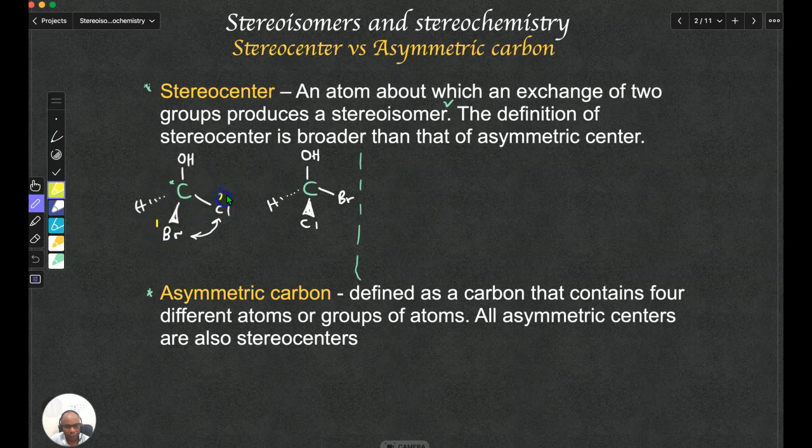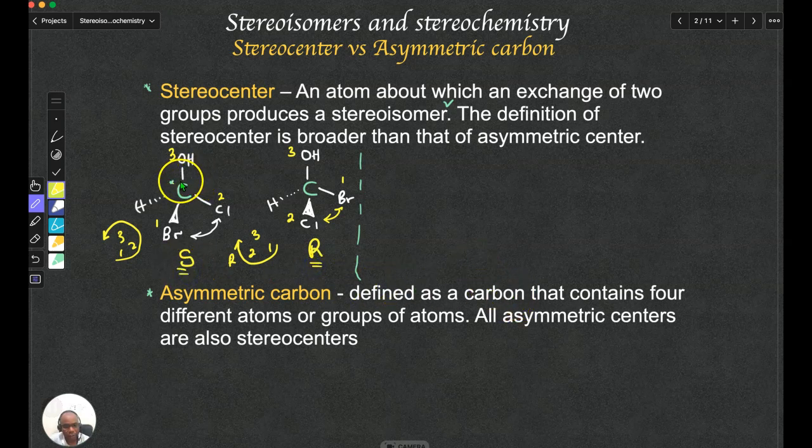Bromine will get 1, chlorine will get 2, oxygen will get 3, and since here we are going counterclockwise, we'll call this S. And then if you do the same thing here after exchanging the positions of Cl and Br, based on atomic numbers from the periodic table, this one is going 1, 2, 3, and that would be an R. So you see, those are stereoisomers.